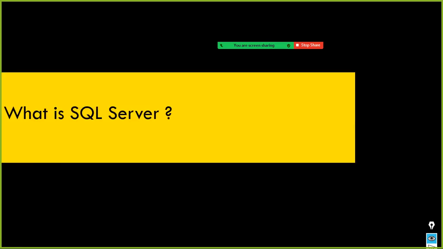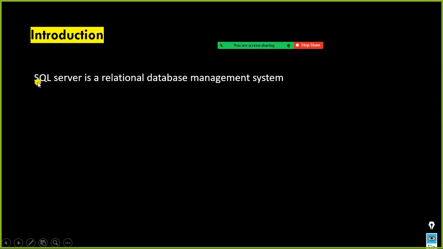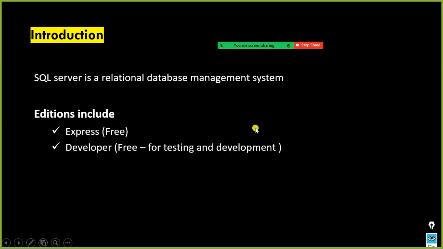So what is SQL Server? SQL Server is a relational database management system. What is SQL? SQL stands for Structured Query Language. There are a few different editions of SQL Server software available. The editions include Express, the one I have shown you a while back. It's a free one. And Developer edition is also available. This is also free. It is meant for testing and development.